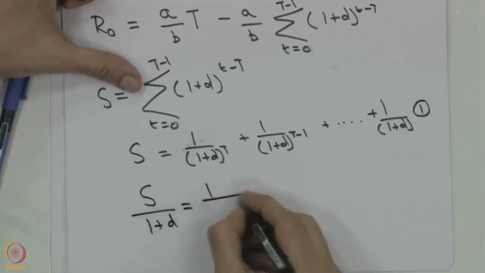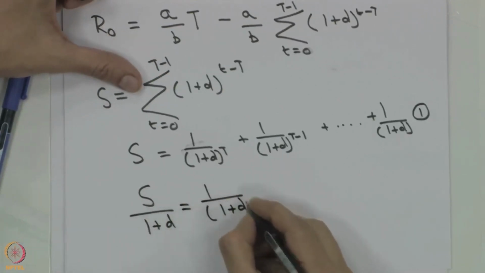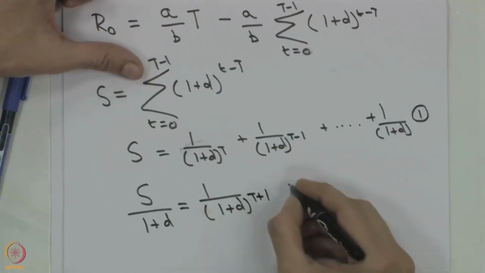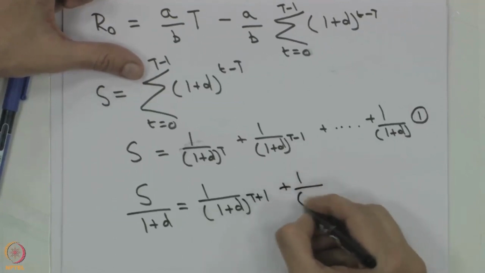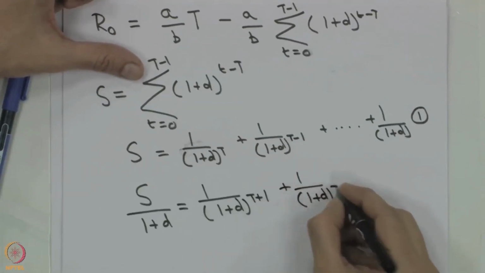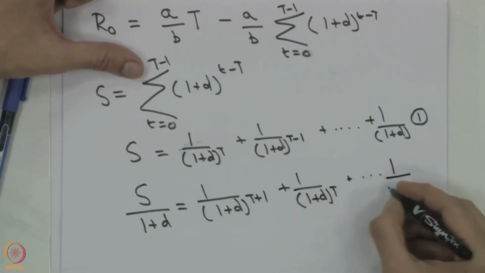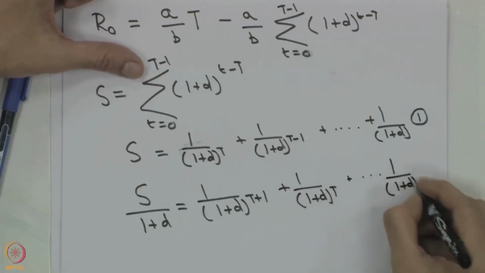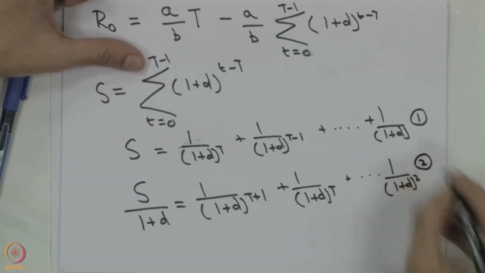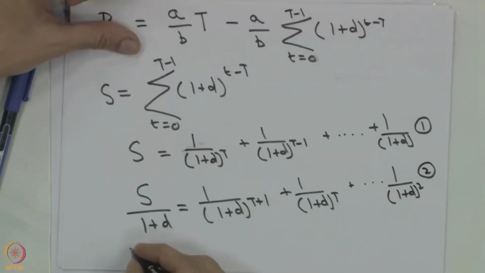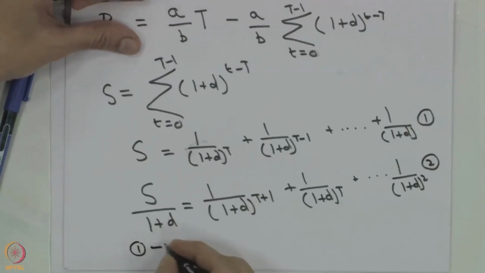This will be 1 plus d raised to T plus 1 in the denominator. Call this equation 2, and then we can take 1 minus 2.